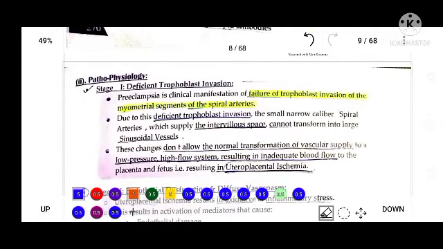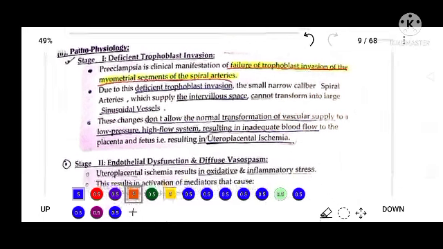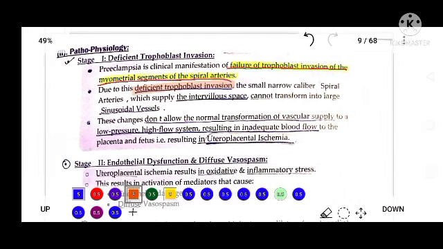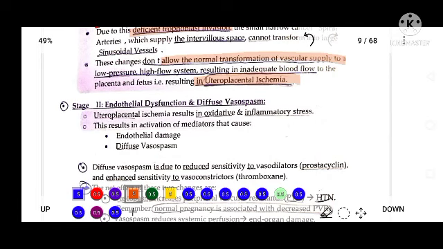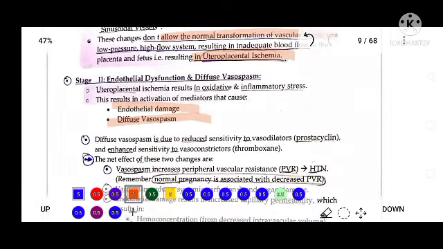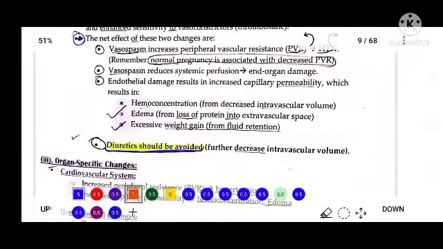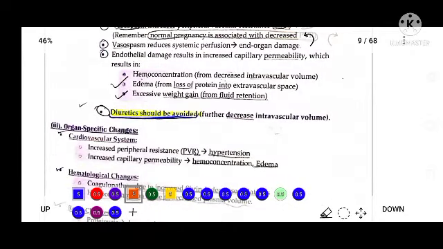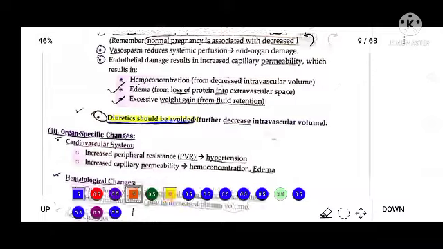So the pathogenesis of this condition is that failure of trophoblastic invasion occurs in preeclampsia, and because of that there is decreased blood supply to the fetus, uteroplacental ischemia occurs, and the baby may become preterm, with endothelial damage and diffuse vasospasm of the mother, and that vasospasm leads to ischemic death of the organs. That's why end organ damage occurs.